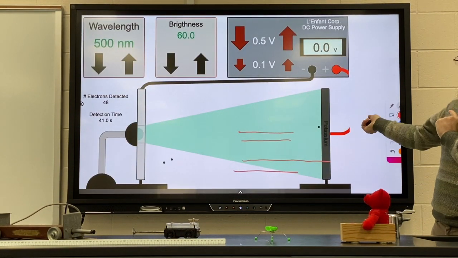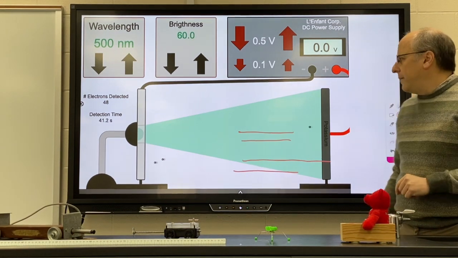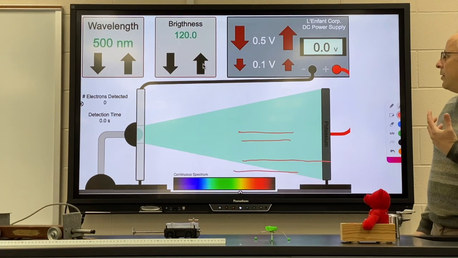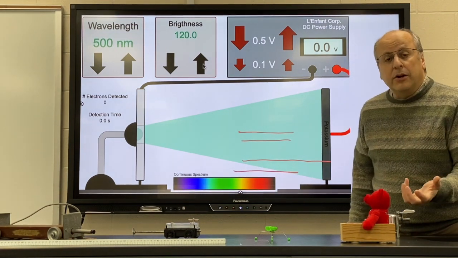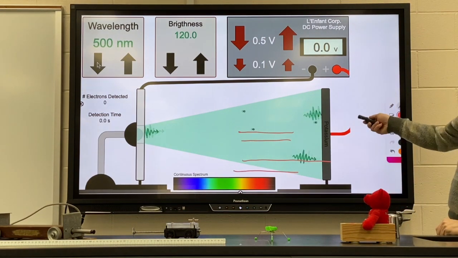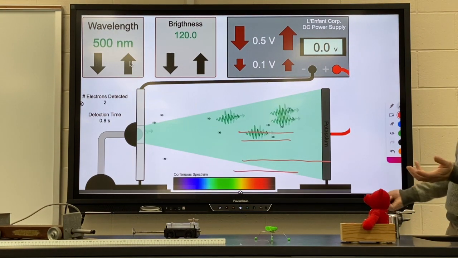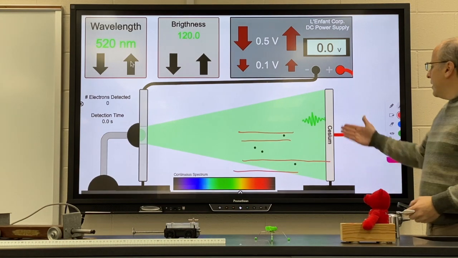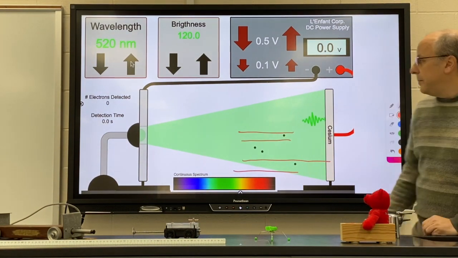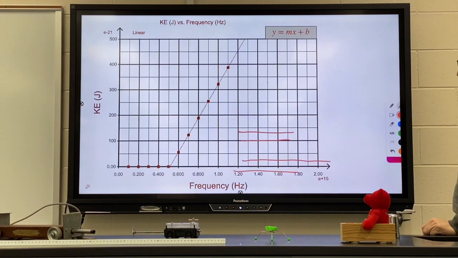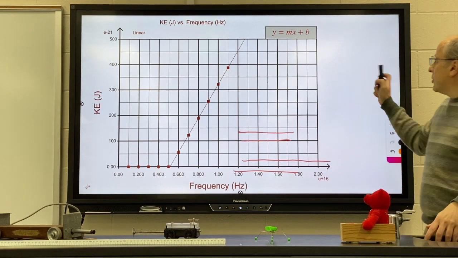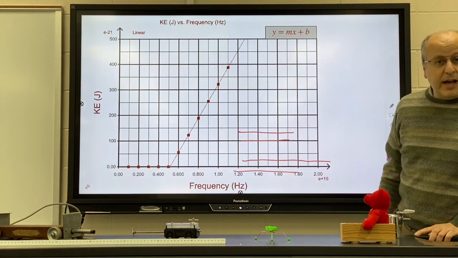Light hits a metal, electrons might come off. Looks like that. The wavelength or the color determines if they come off. Some wavelengths can knock electrons off, others can't. The type of metal determines what that magic wavelength is going to be. Our graph turns out to be a linear graph, and the slope is a universal constant.